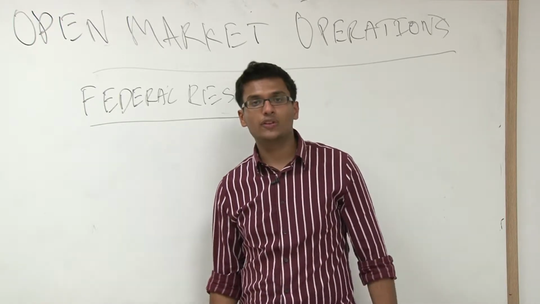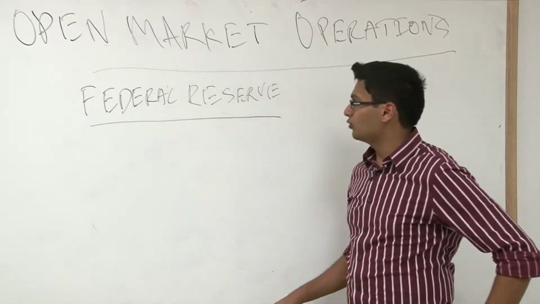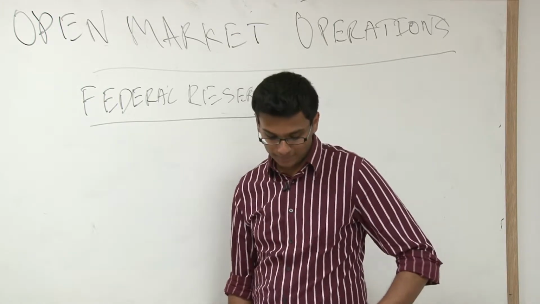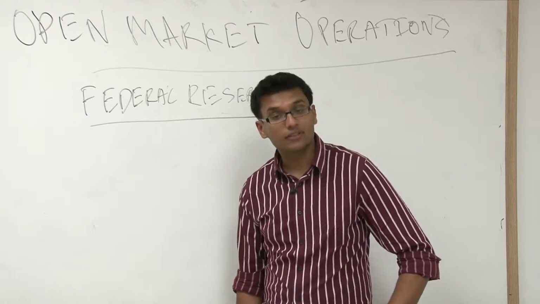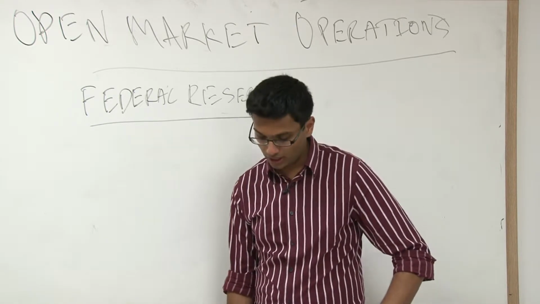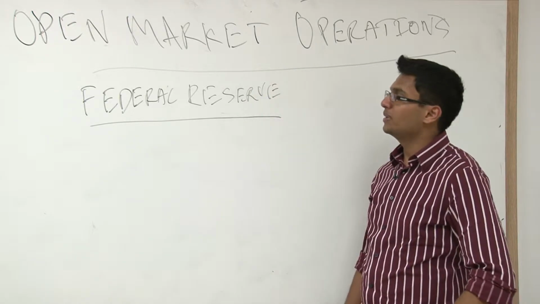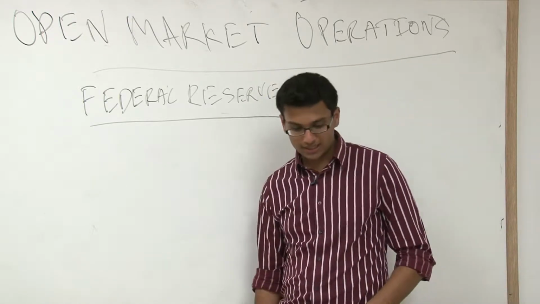Before that was Alan Greenspan. Basically, the Federal Reserve Board gets to dictate, one, what the federal funds rate is, two, the discount rate, and three, how many bonds are being sold and bought by the government.